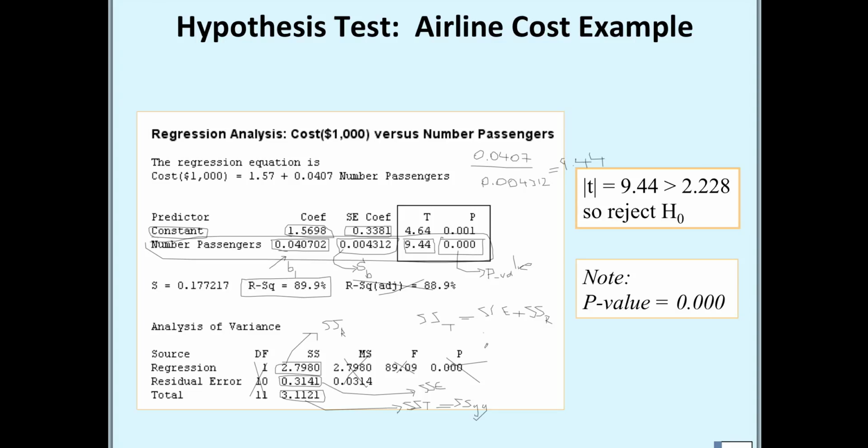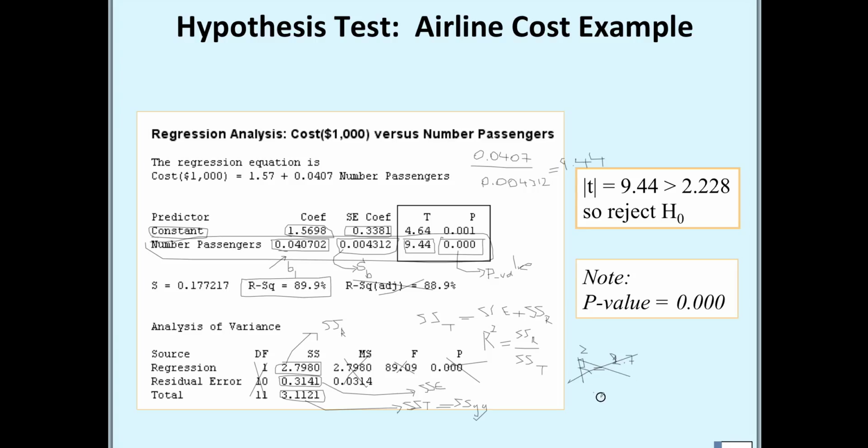And remember, R-square was SSR divided by SST. So if these values are given to you, you can easily find 89.9%. For example, R-square here could be found directly by dividing. This is not 1, this is actually 2.